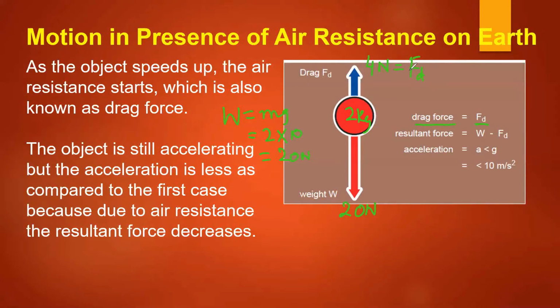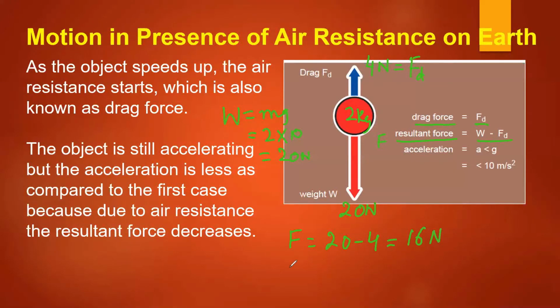Now there is a resultant force acting, because whenever there are two forces acting, we can calculate the resultant force. Resultant force throughout we are going to write by letter F. So F equals W minus Fd. My weight W is 20 newtons and the Fd is 4 newtons, as I labeled up here. So that equals 16 newtons.